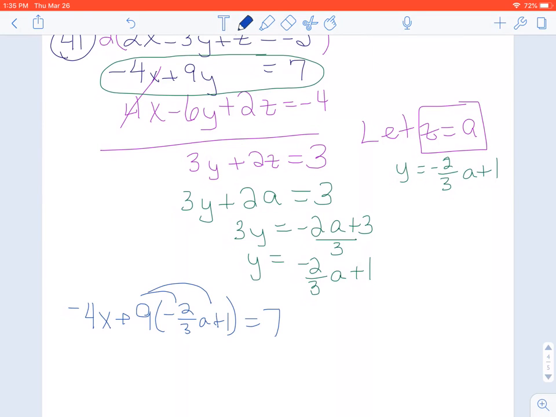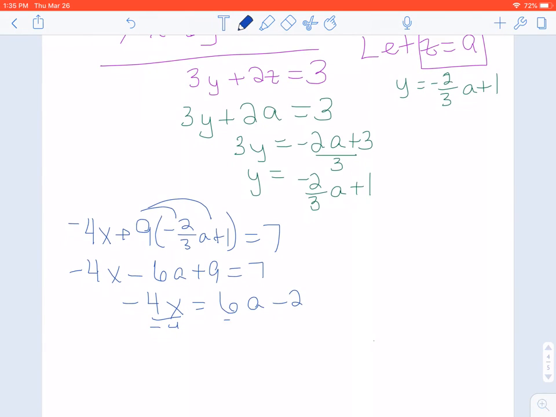Distributing, this works out nicely because when we multiply by 9, we end up with negative 6a plus 9 equals 7. And then that gives us negative 4x equals 6a minus 2. So divide by the negative 4, and x is now negative 3/2 a plus a half.